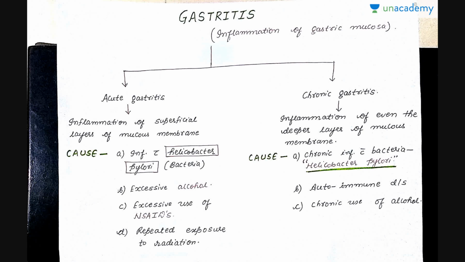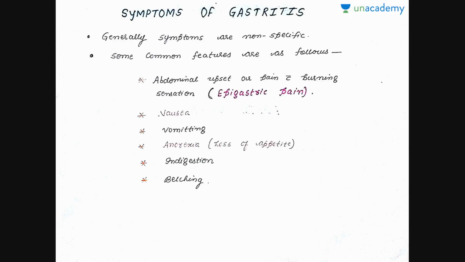The cause for chronic gastritis is also Helicobacter pylori, but its prolonged or chronic infection is the cause. The next is autoimmune diseases, or chronic use of alcohol can also cause chronic gastritis.